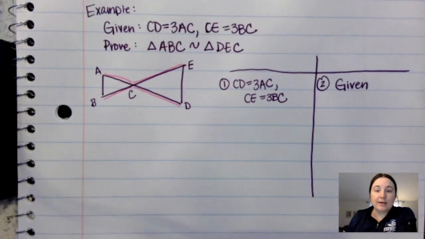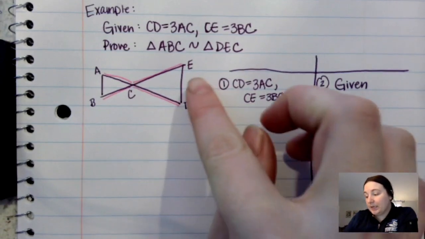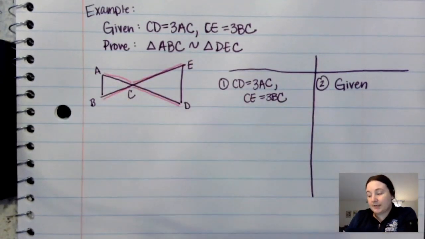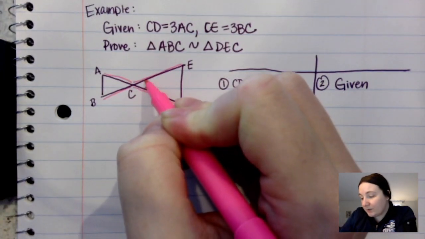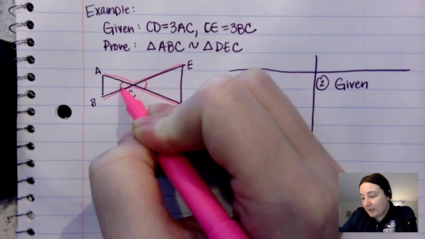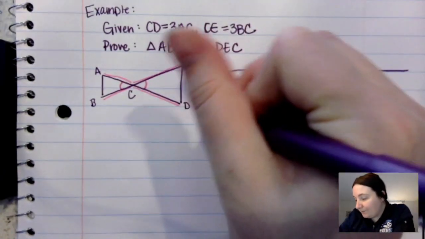And so I'm not going to use angle. I already have 2 sides, so either I need to find the 3rd side to do SSS or I need to find an angle. And hopefully we've done these problems enough to know that the angle is the easiest one to find. So we have our angle C is congruent to angle C. So let's actually write that down.